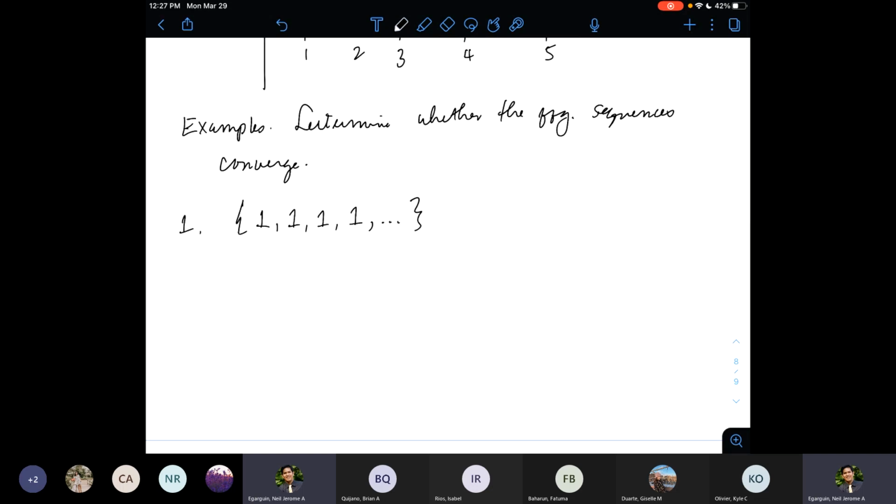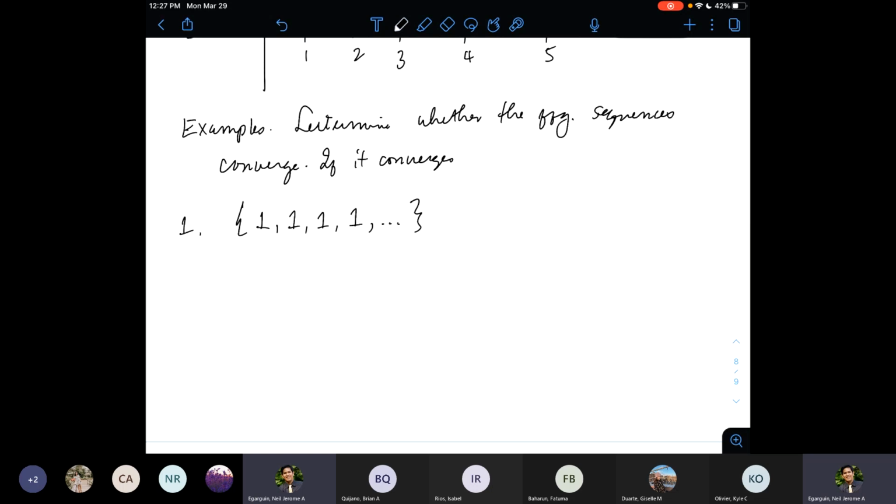Is this convergent or divergent? If it converges, then find the limit. Do you think this sequence converges? And if it does, then to what number?